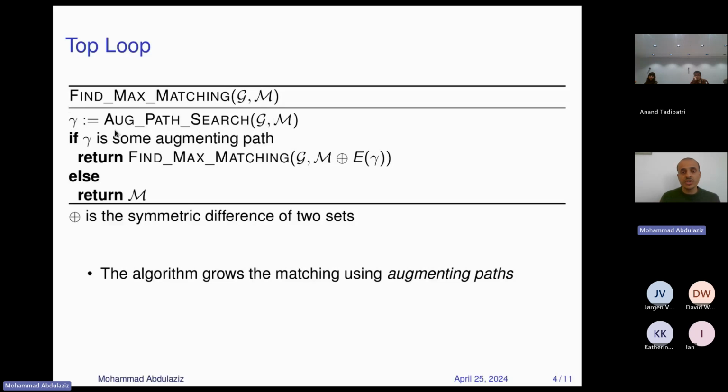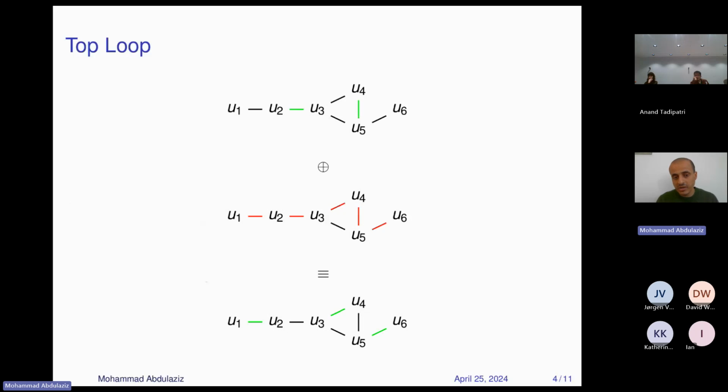It's basically a sequence of edges in the graph such that the first vertex in that path is not in the matching, so nothing has been matched, and the last vertex has not been matched. And another condition is that it's alternating. So let me just show you an example here. By alternating I mean that every two consecutive edges in this path alternate in terms of membership in the current matching.